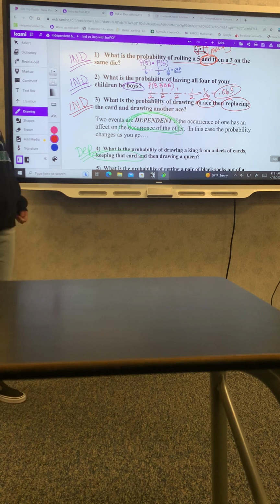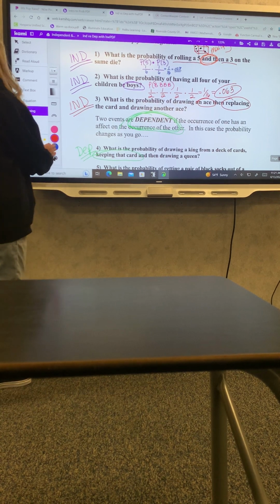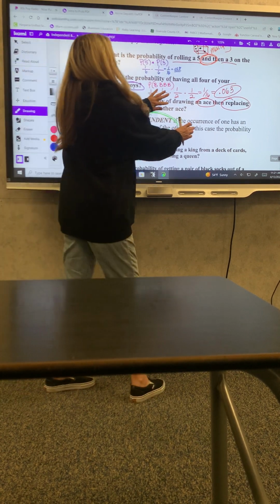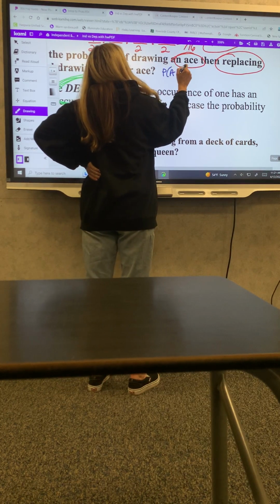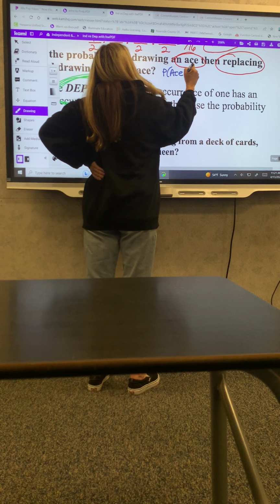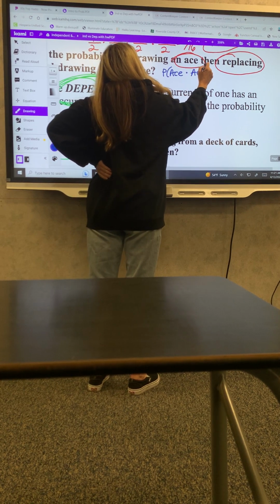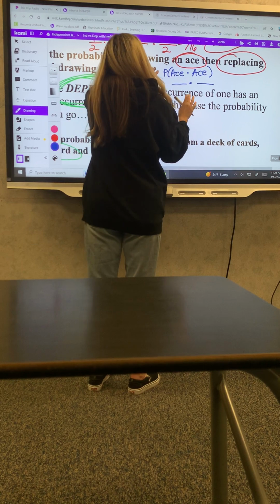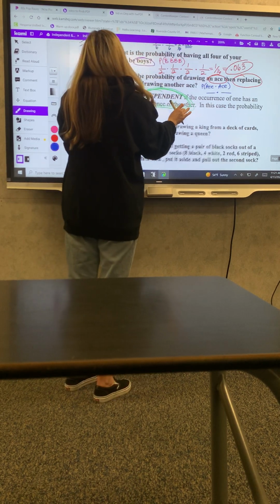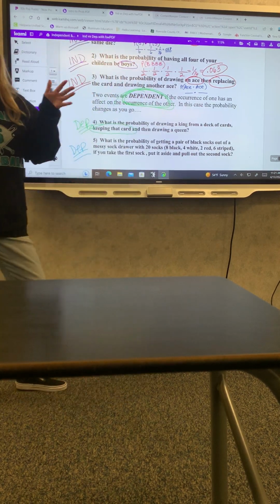All right, 3, probability of getting an ace and then another ace. So probability of ace and ace. Okay, so here's where I need to help out the folks that don't know cards.